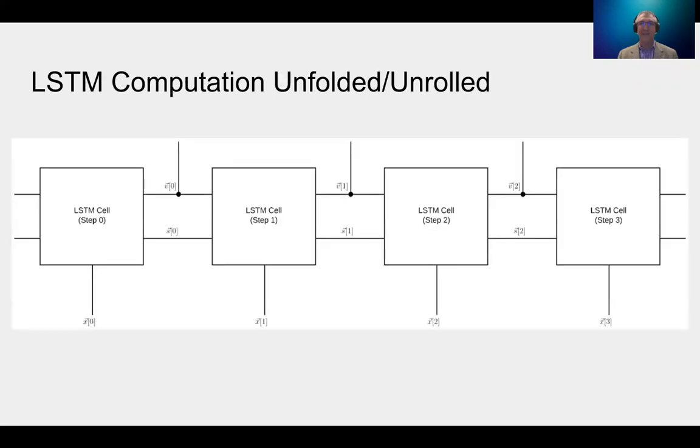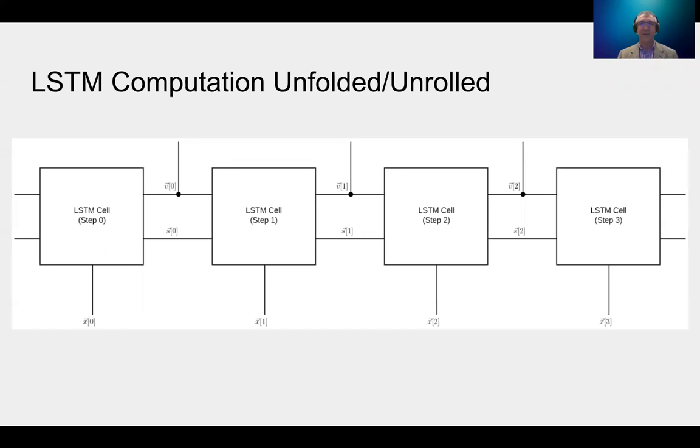Here is an example of LSTM computation unrolled to 4 steps. As the samples of the external input appear in the increasing order of the step index, the state signal is computed and propagated, thereby making the value signal available for external use.